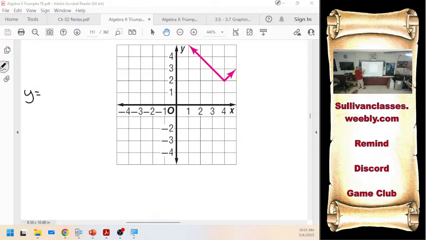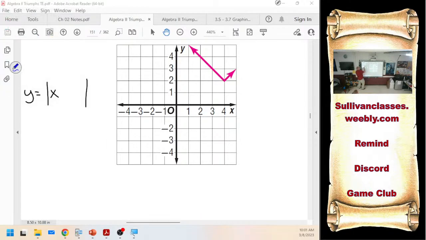Like, I should look at it and see it's a V, it's pointy. I know it's absolute value. I just have to figure out which way I went.